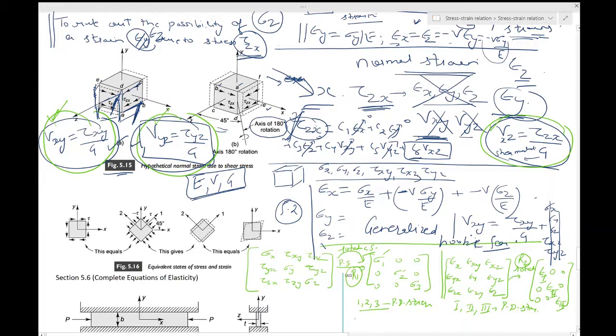Meaning 1 and I coincide, 2 and II coincide, and 3 and III coincide. So the question you must think about is: why are they coinciding because of these relations? Can you think of a way?